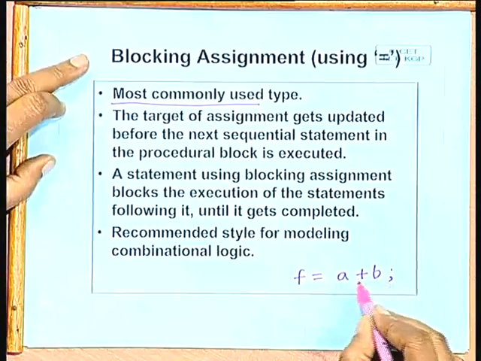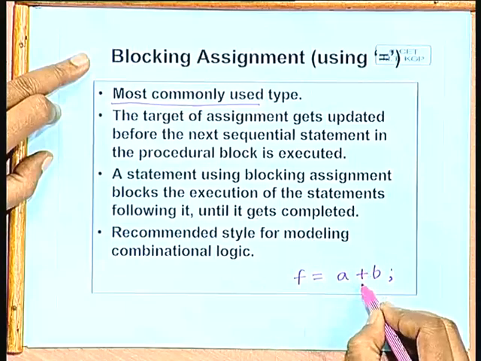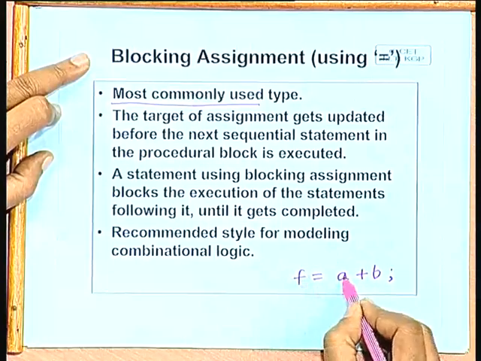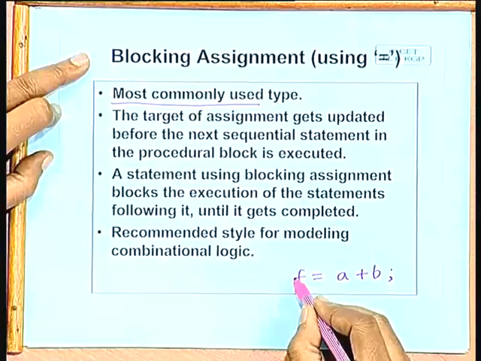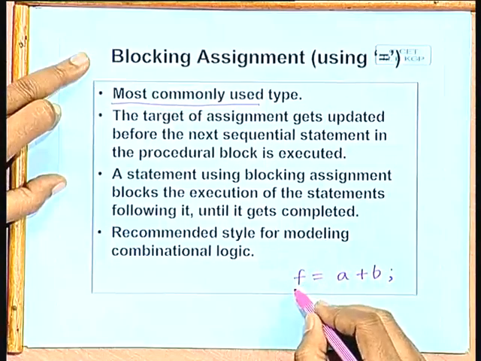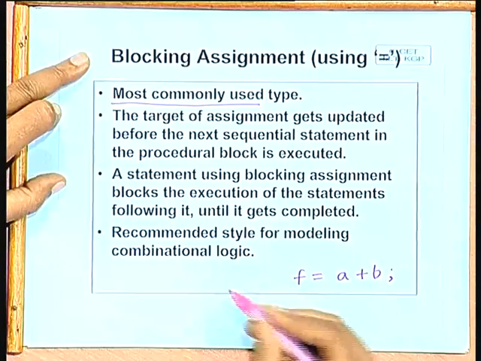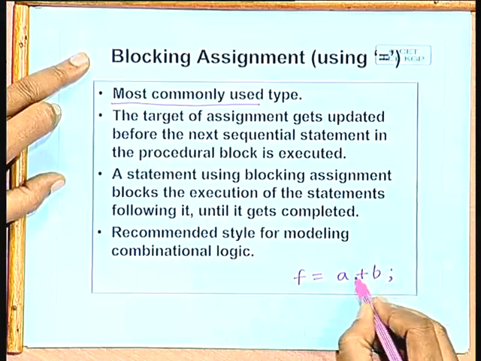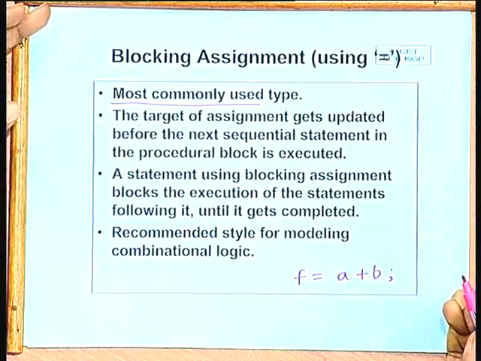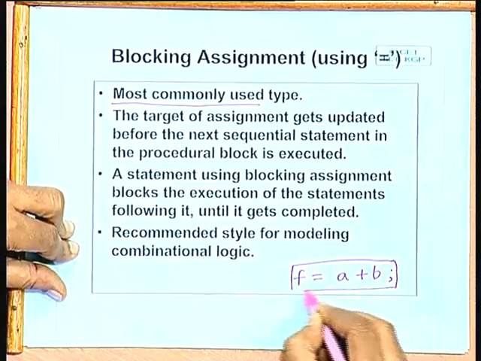The values of a and b are available from somewhere, they are added and the value is assigned to f. Now, this operation can take some time. For the purpose of simulation you can explicitly specify a delay, or from the point of synthesis this adder will have some delay. So this operation will take some time to execute.